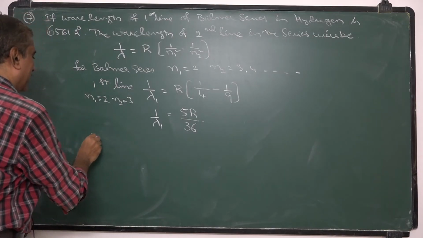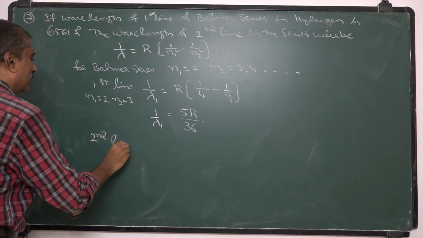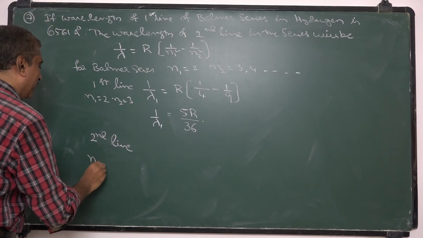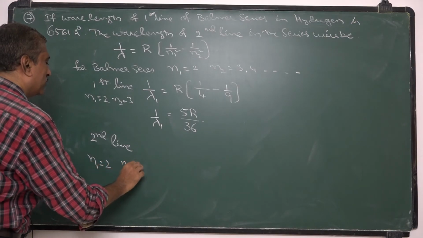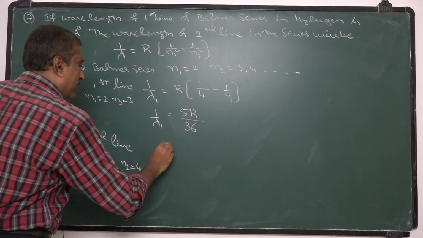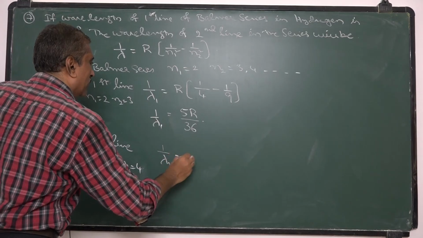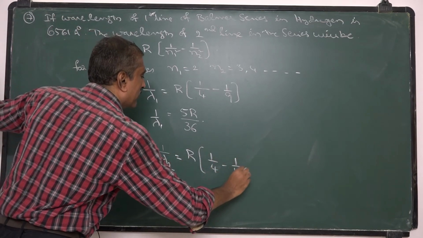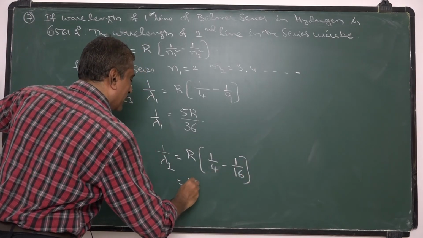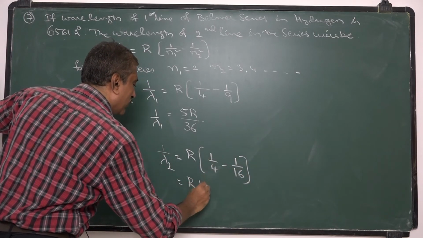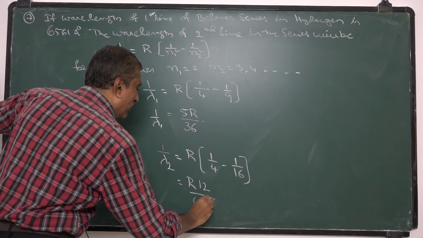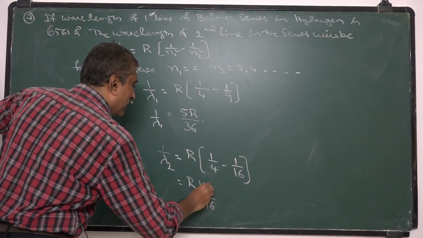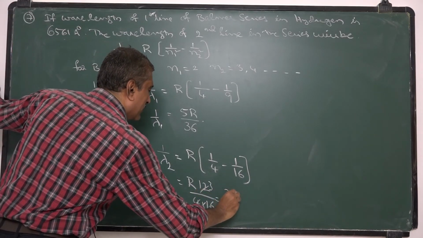Now for second line, n1 is 2, n2 is 4. So we can write 1 by lambda 2 is equal to R into 1 by 4 minus 1 by 16. That is R into 12 by 4 into 16, and that is 3R by 16.